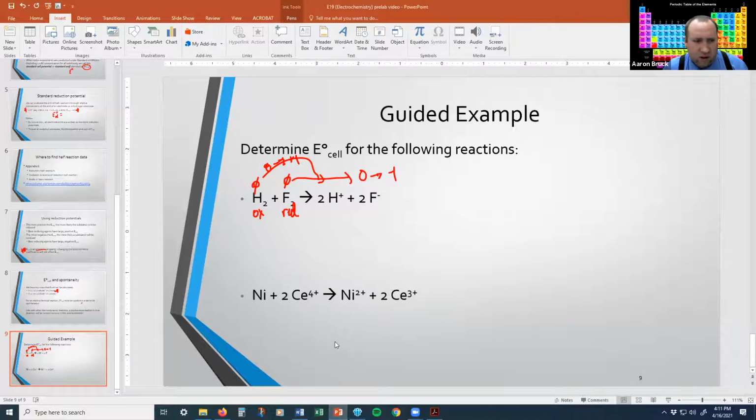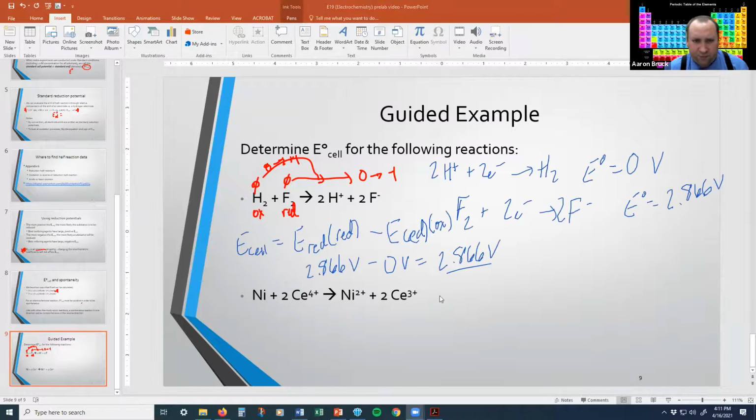Coming back to here, we can see, first of all, the cerium has gone from the +4 state to the +3 state. So this is the reduction, which means that this is the cathode.